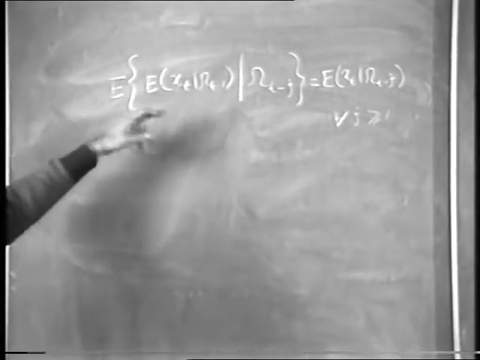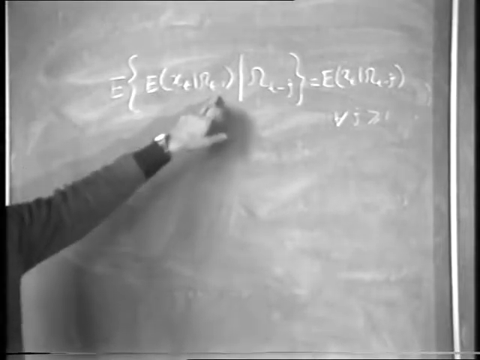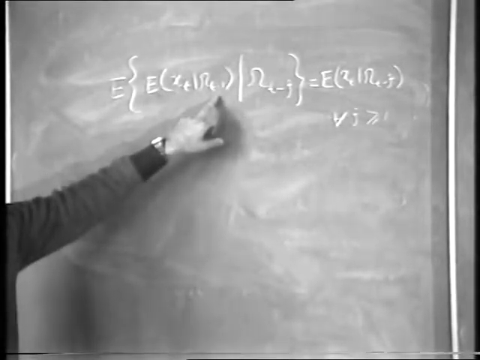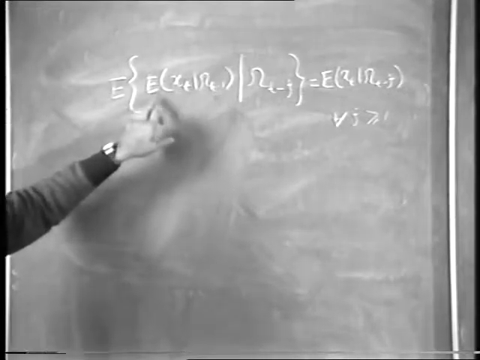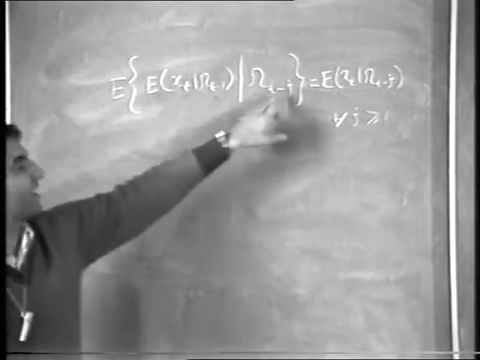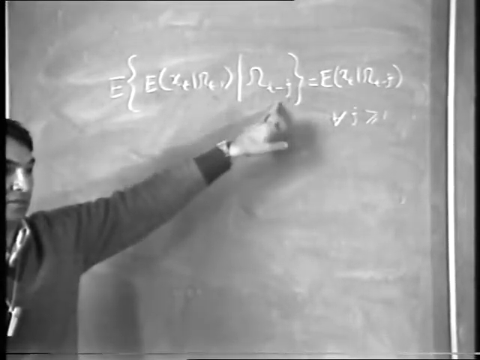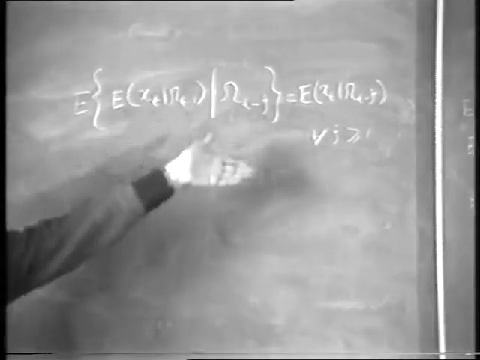What it says essentially is this: if I have an expectation which I held at time t minus 1, and then I want to look at what I would have expected for that expectation at time j periods before, there is no reason that I would have changed it because I have no other information.